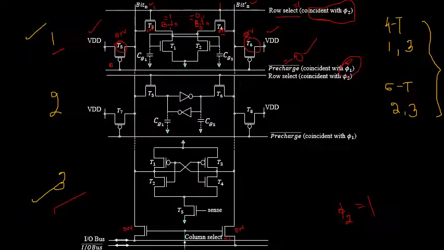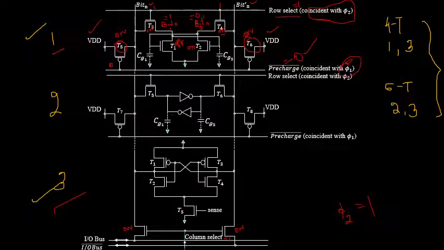So 1 is for bit n, and bit n complement, I assume, is equal to 0. 1 is carried to the gate terminal of transistor T2, whereas 0 is carried to the gate terminal of transistor T1. So 0 applied to the gate terminal of transistor T1 is an off state, whereas 1 applied to the gate terminal of transistor T2 is an on state. So transistor T2 will turn on, whereas transistor T1 will turn off.